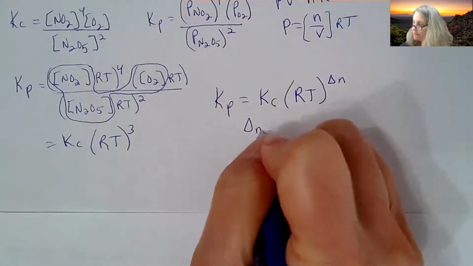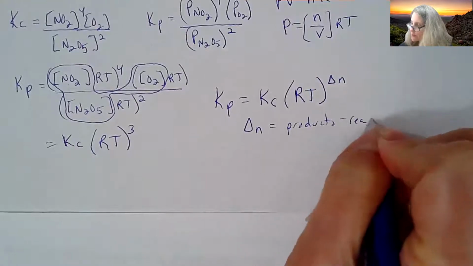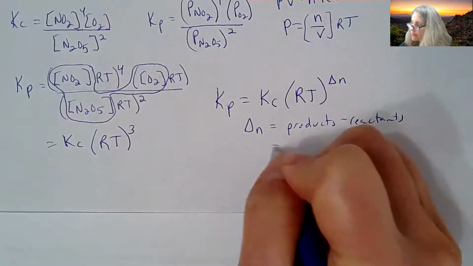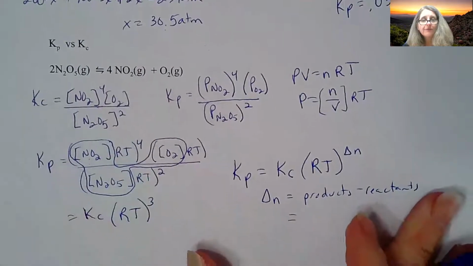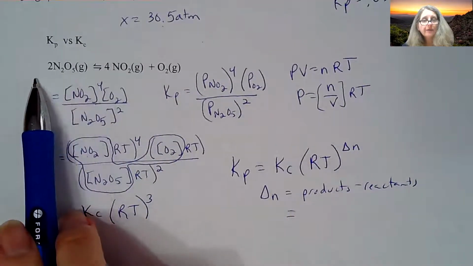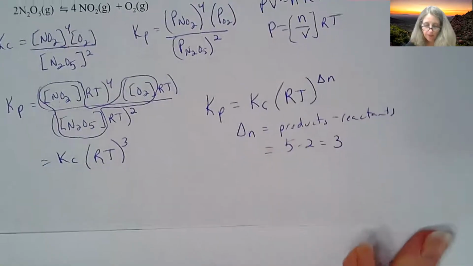So what's delta n? That's the number of moles of products minus reactants. How much product did I have for gases here? I have 5. And for reactants, that's 2. So that's where I get the 3 from.